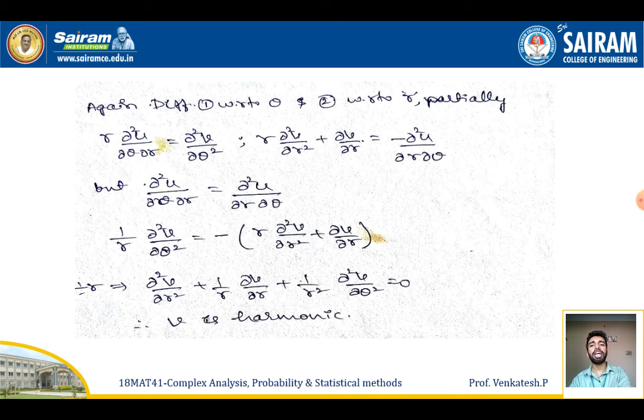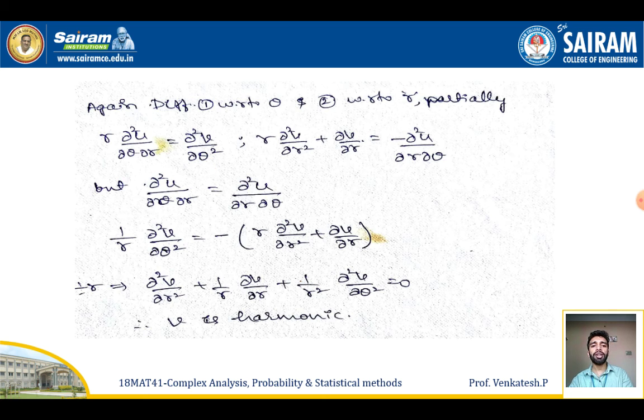Differentiating 1 with respect to θ, I get r ∂²u/∂θ∂r = ∂²v/∂θ², and differentiating 2 with respect to r, I get r ∂²v/∂r² + ∂v/∂r = -∂²u/∂r∂θ. By the property of partial derivatives, ∂²u/∂θ∂r = ∂²u/∂r∂θ. So in this equation, in place of ∂²u/∂r∂θ, I can replace it with ∂²v/∂θ².